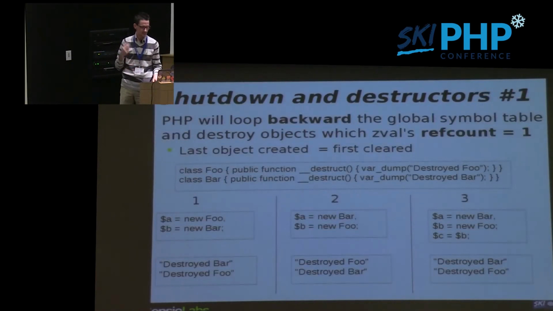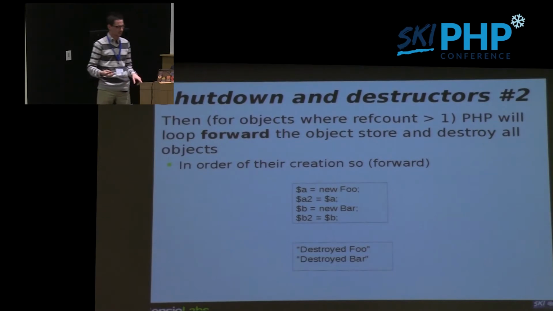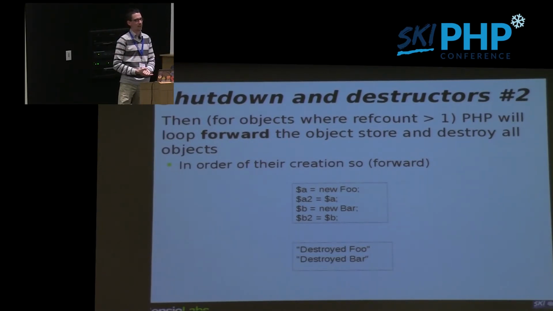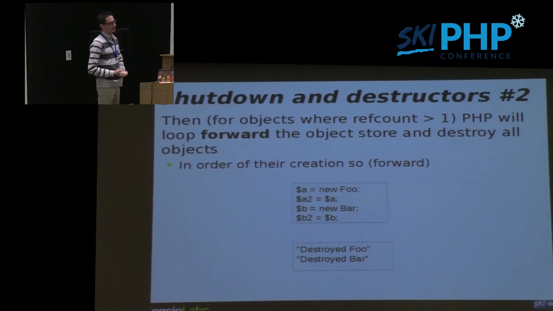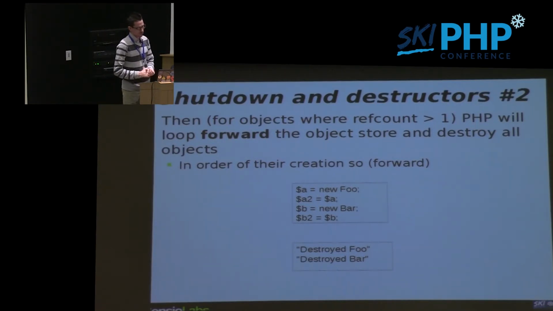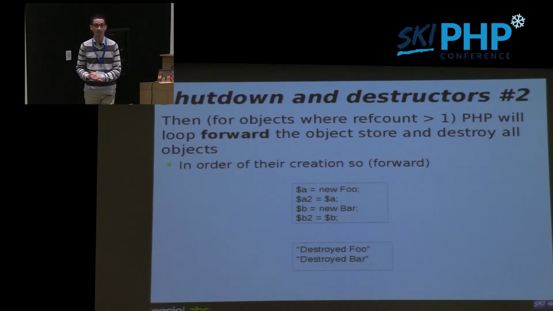At the second step, for objects where ref count was greater than 1, PHP will loop forward over the object store and destroy all objects in their order of creation. So, because this is forward.